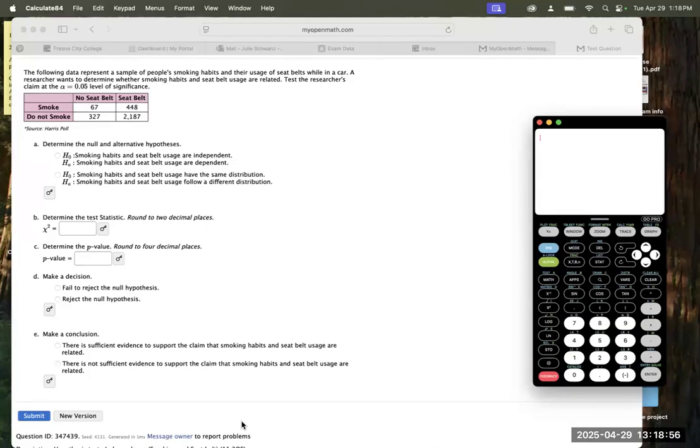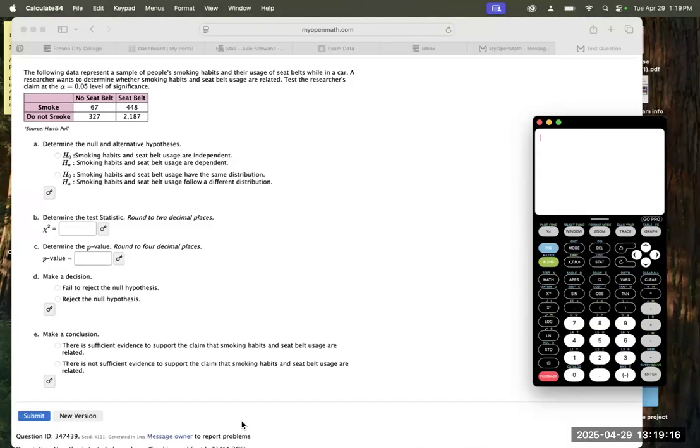Also, we notice that it's not a test of homogeneity, because a homogeneity test would ask one single question to two different populations. Here, we're asking one or two different questions to one single population.